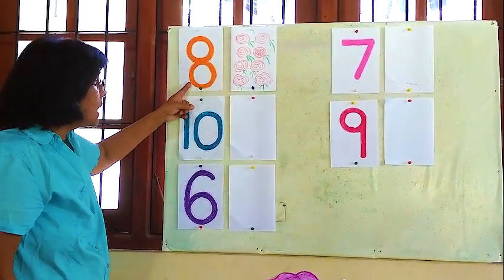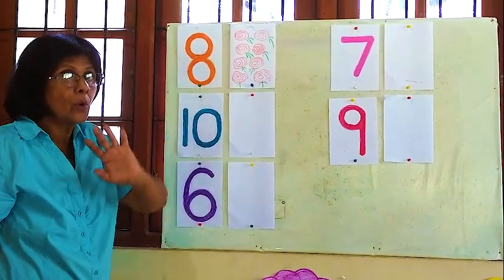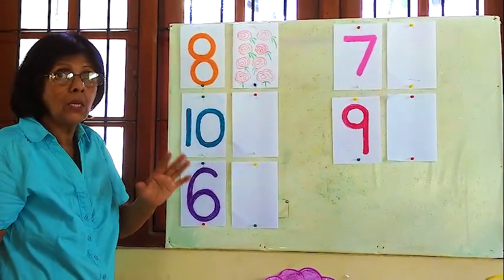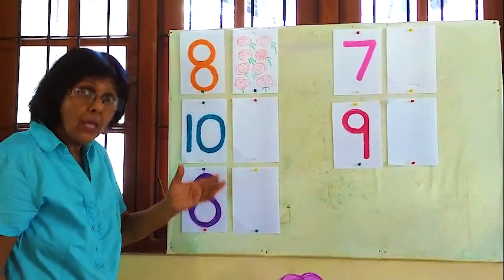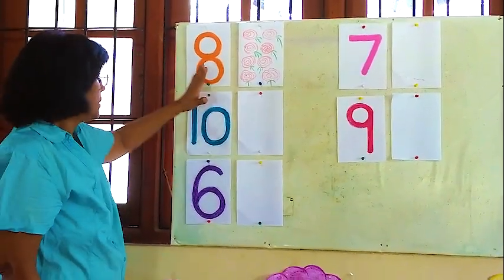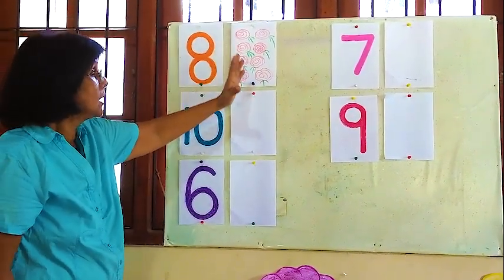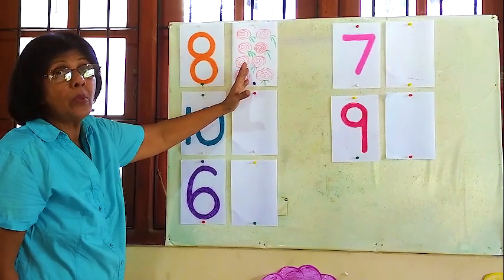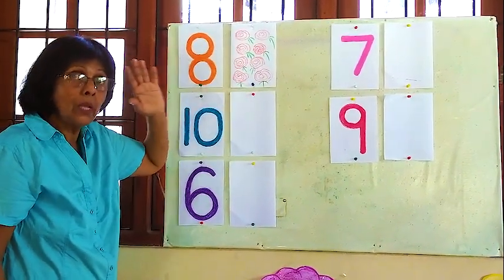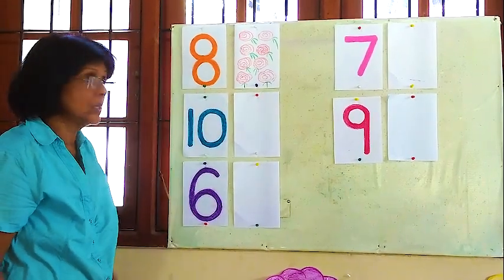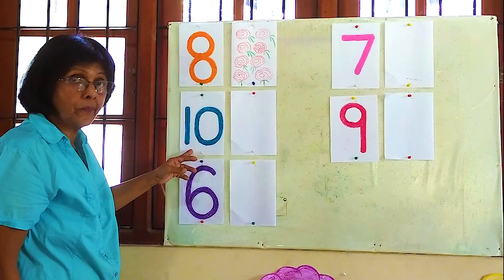We can't draw more than 8, or less than 8. Here this is 8 and here 8 pictures. For 8 we have to draw exactly 8 pictures. Right?